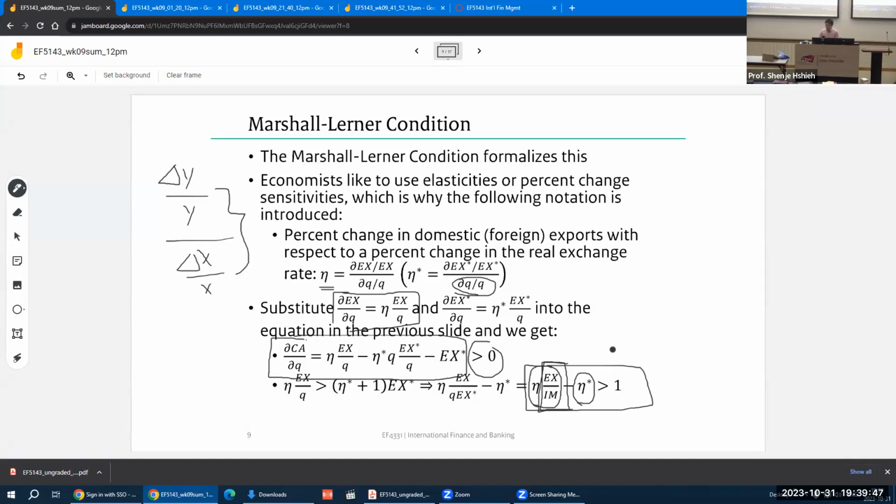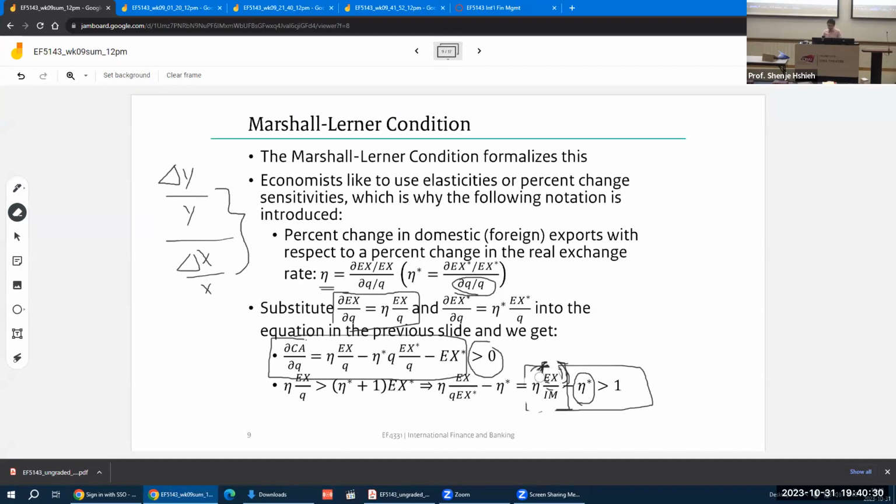Your pass-through is perhaps strongest or most effective if you are an export-driven economy. So when you are like China, when you have big trade surpluses, you have tremendous pass-through when you control or manage your exchange rates. On the other hand, if you are a strongly import-dependent country, this ratio is very small. Pass-through is difficult, right? So it's not a good idea to try to use the exchange rates to affect output. So that's kind of the takeaway.